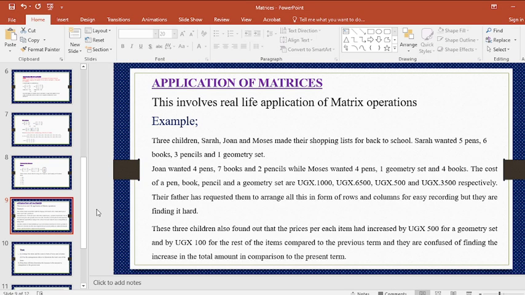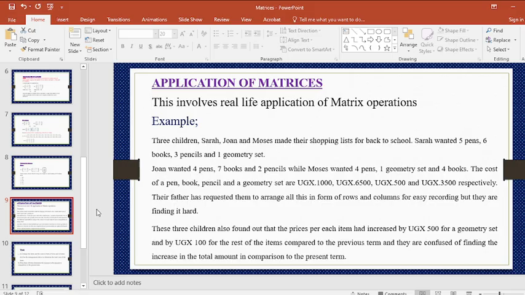So from there, I've just drafted for you a scenario which you want to go through very quickly. Then we shall summarize it, and I'll be waiting for responses from you. Look at that example. It says 3 children, Sarah, Joan, and Moses, made their shopping lists for back to school. Sarah wanted 5 pens, 6 books, 3 pencils, and 1 geometry set.